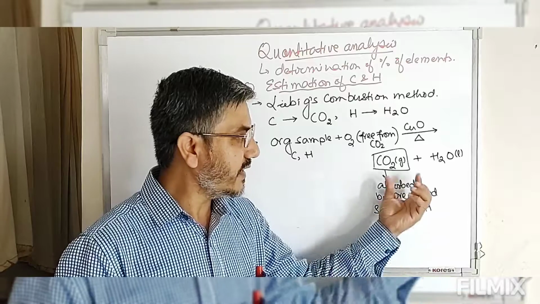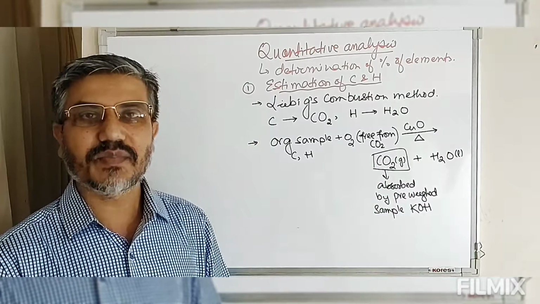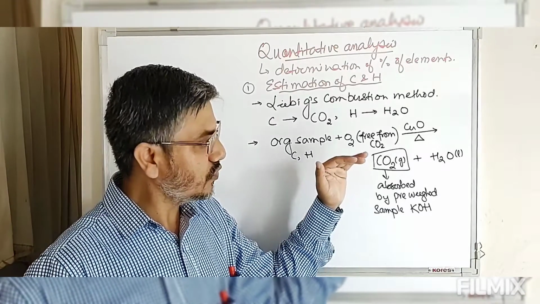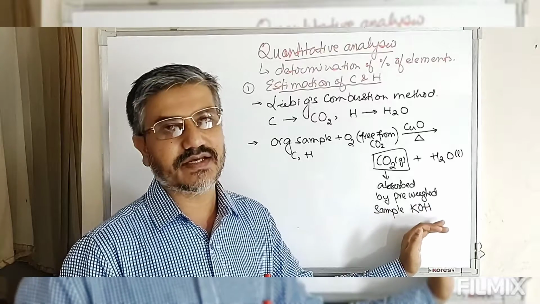Now the reason why potassium hydroxide is used to absorb carbon dioxide is that carbon dioxide is an acidic gas. So to absorb this acidic gas, we take the help of a sufficiently basic hydroxide.